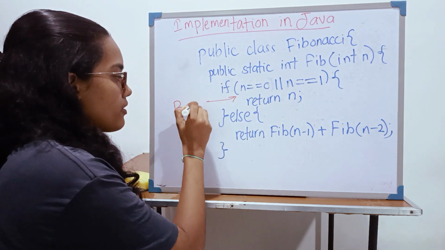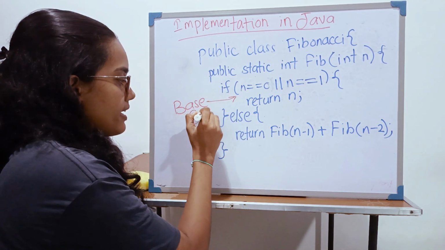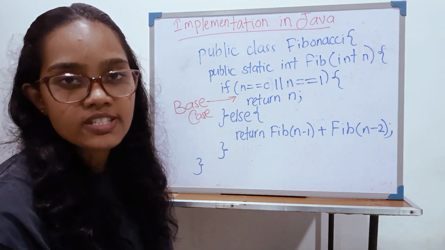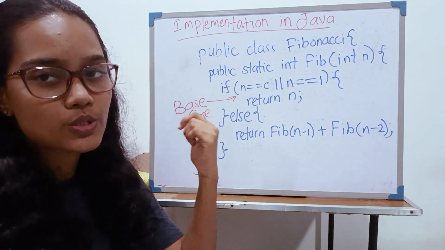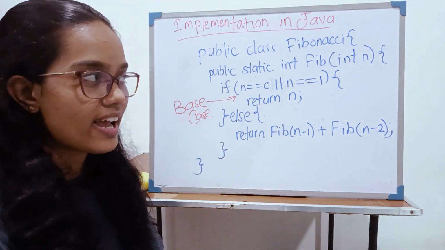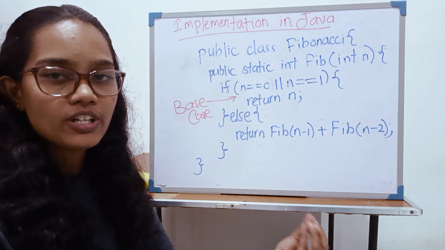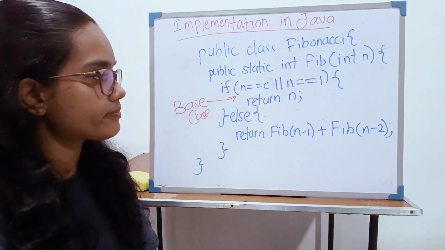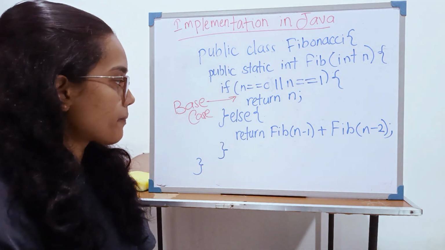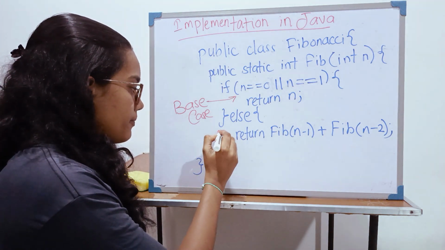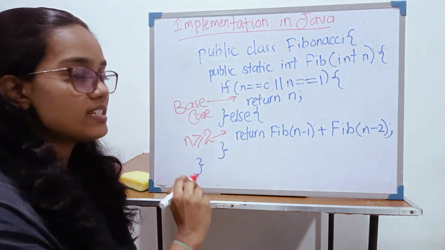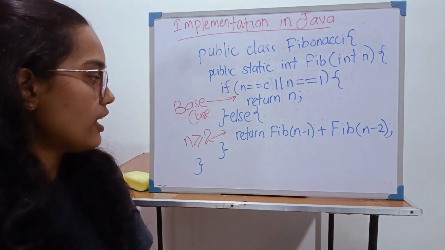In this recursive method, our base case is this: if n equals 0 or n equals 1, return n. This is our stopping condition, and this prevents infinite recursion. And our recursive case is here, n greater than or equal to 2.